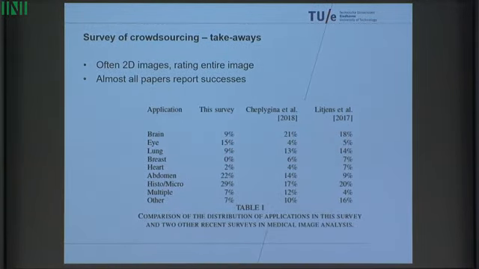So one thing we looked at was how often different applications were used, and we saw that it was much more often 2D images and rating an entire image rather than segmenting something. And we suspect that this is because if you want to put something on a website and have people annotate it, it's much easier if the image is 2D already, because if you have a 3D image, you need to either build your own interface or split it up into 2D images.